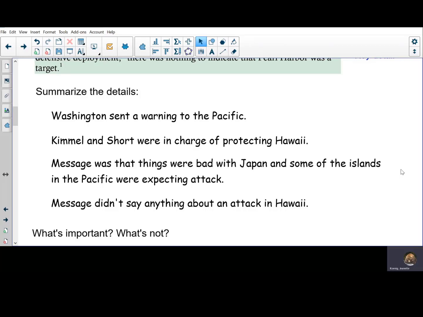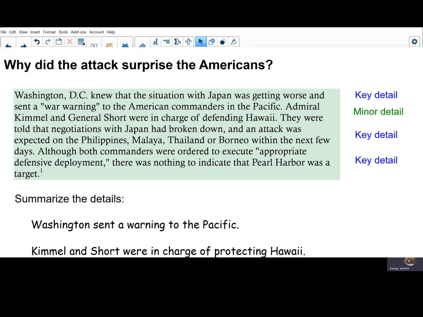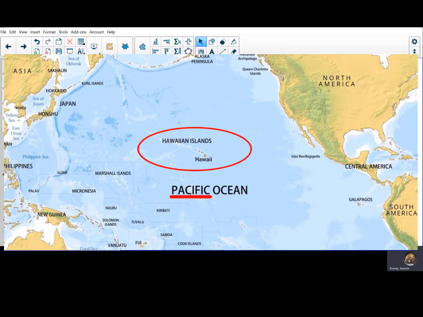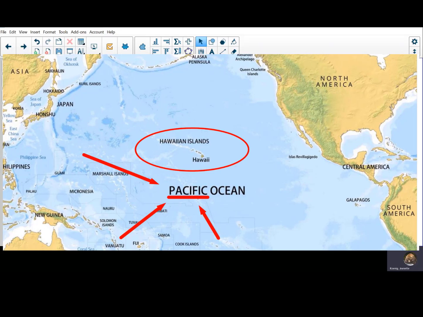I'm seeing it again. I think that the third and the fourth sentences are completely contradictory with each other. If you send me a message that says there's danger in the Pacific Islands, and I'm in Hawaii, which is an island in the Pacific, you don't have to say Hawaii for me to go, oh, I've got a problem.